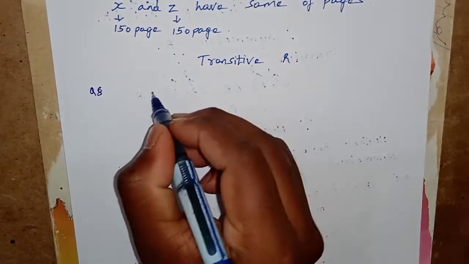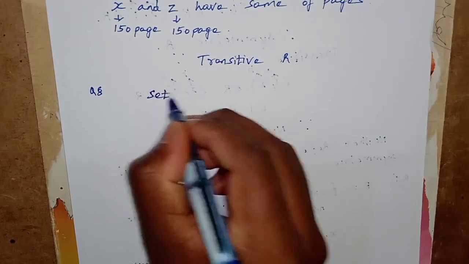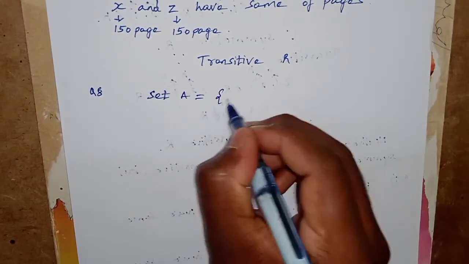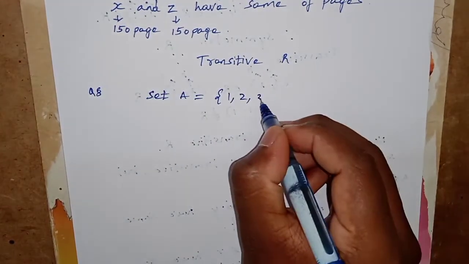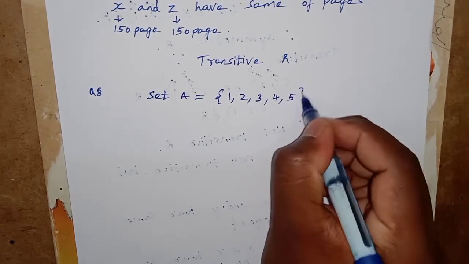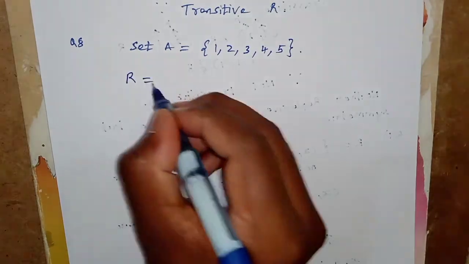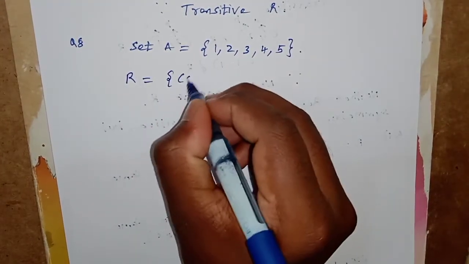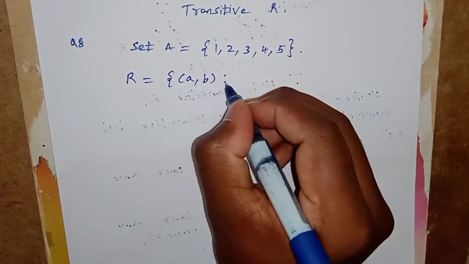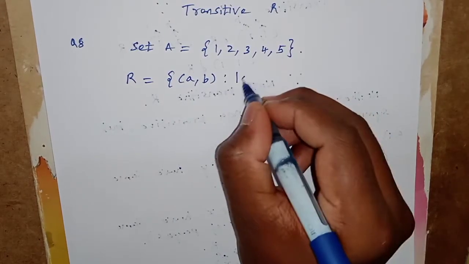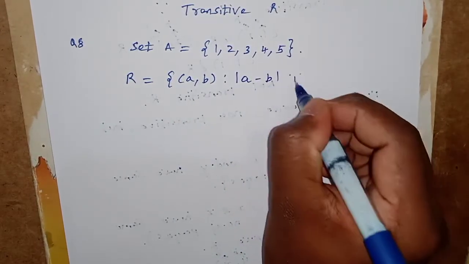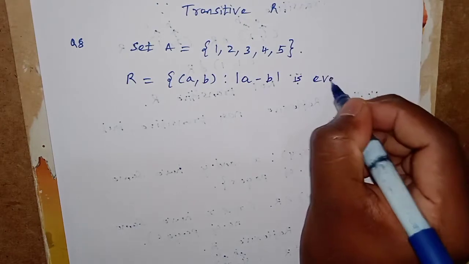Given set A equal to {1, 2, 3, 4, 5}, relation R equal to (A, B) such that modulus A minus B is even.